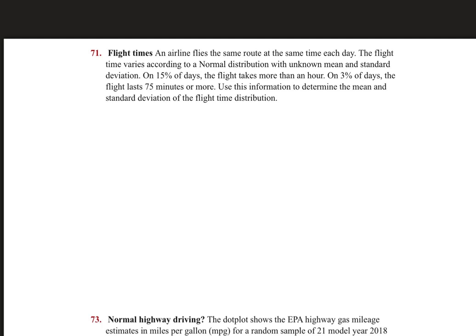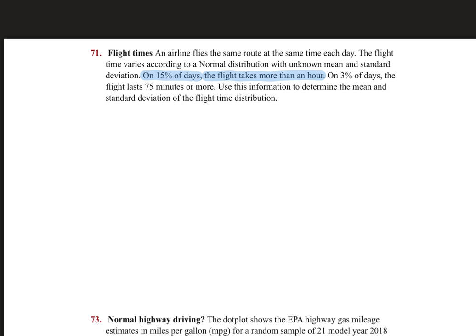Okay, so think about the first one, let me highlight this. They say on 15% of the days, the flight takes more than an hour. So we're looking at a situation where we don't know the mean or standard deviation, but let's say we do.